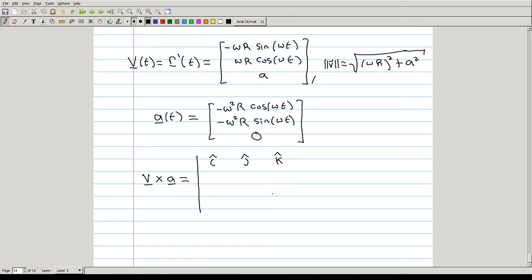We list out the components of the first vector, which are these components right here, and then we list out the components of our second vector.